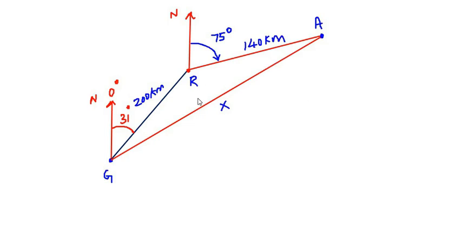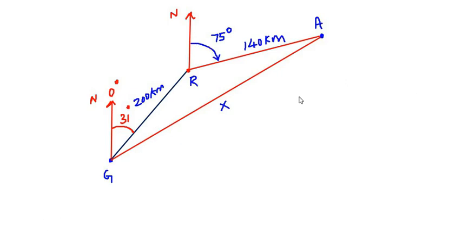Now to find out x, we have to make use of the sine rule or cosine rule, whatever suits best. If you want to go through the sine rule and cosine rule, I have explained it in a video. I will attach the link in the description box so you can go through it. So let's see how to solve this example now.